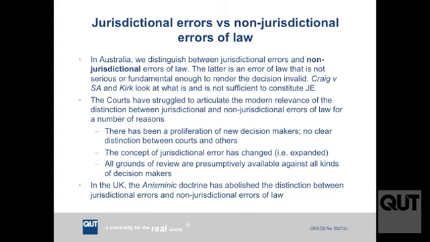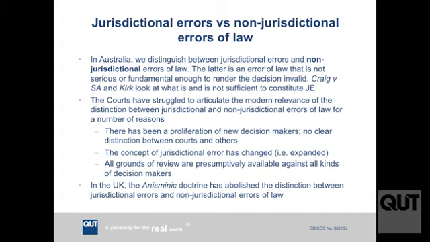As we said in relation to the second point on slide 33, in Australia we don't assume that all errors of law are sufficient to constitute jurisdictional error. So there is such a thing as a non-jurisdictional error of law, which is an error of law that does not render the decision invalid.